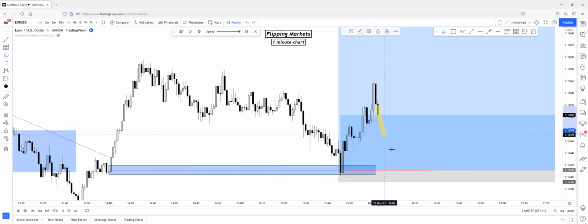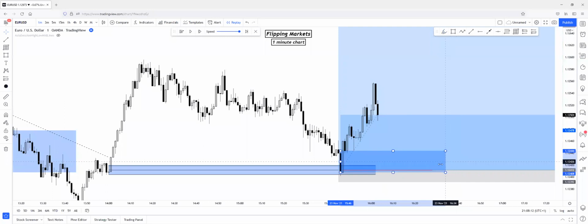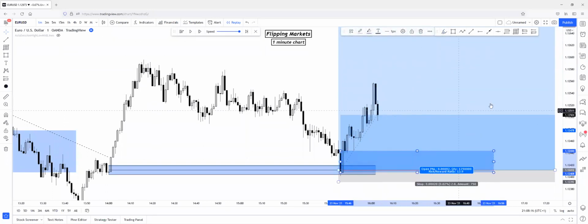We can expect a sweep of this liquidity and maybe a reversal on this demand zone that created this push to the upside. So actually we can hop in a continuation trade here if you'd like to. So I can just mark out this demand zone. This is a really huge zone, but we can hop in a trade on the 50% of this zone.